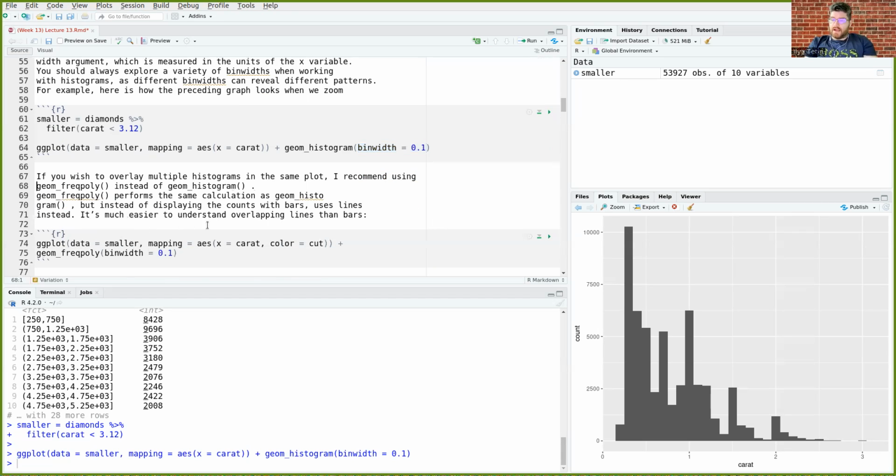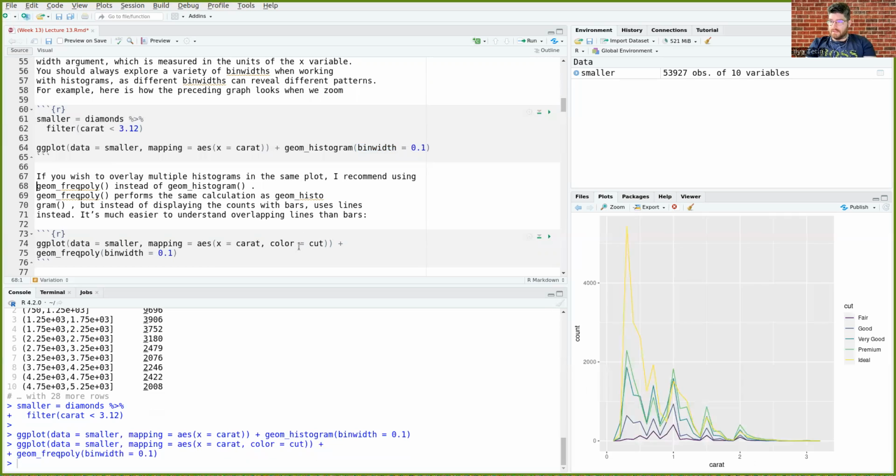Okay, how to place the histograms here in the same plot? So we can provide the histograms based on the cut of the diamond, and we can see that the color of the histogram depends on the cut of the diamond. And here is the legend for this cut, and we can see that the ideal cut, it's not really great to see on some monitors, but still the peak is over here.